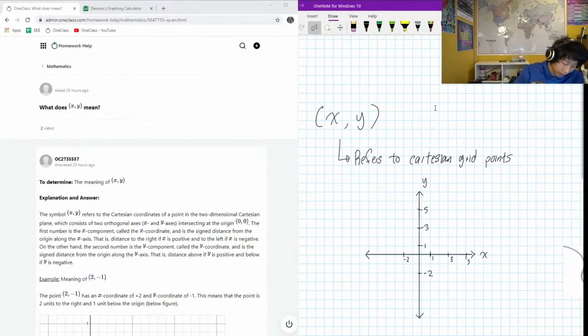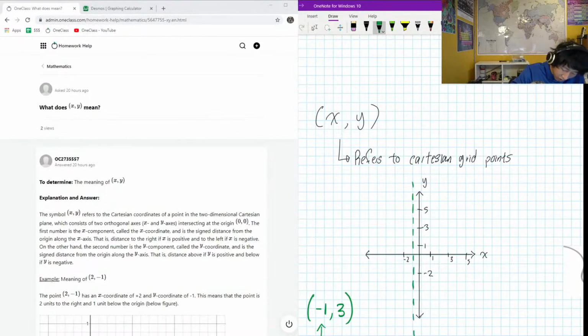So as an example, maybe we can do our example in green. If we have (-1, 3), this means that the x position is -1. So we look for -1 on the line, and when x is equal to -1, that's where it has to be.